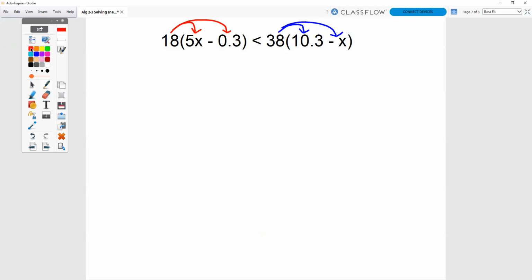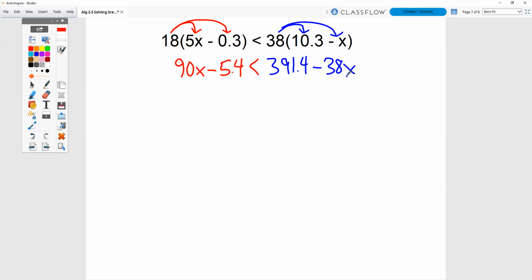I want to get rid of the sets of parentheses from both sides. 18 times 5x is 90x. 18 times negative 0.3 is negative 5.4. On the right-hand side, 38 times 10.3 is 391.4. 38 times negative x is negative 38x.